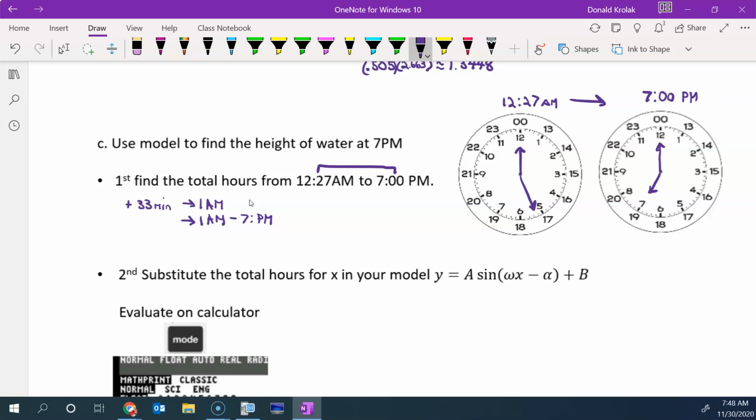From 1 a.m., there'd be 1, 2, 3, 4, 5, 6, 7, 8, 9, 10, 11. Now it's 12 noon. 12, 13, 14, 15, 16, 17, 18. So 18 hours.